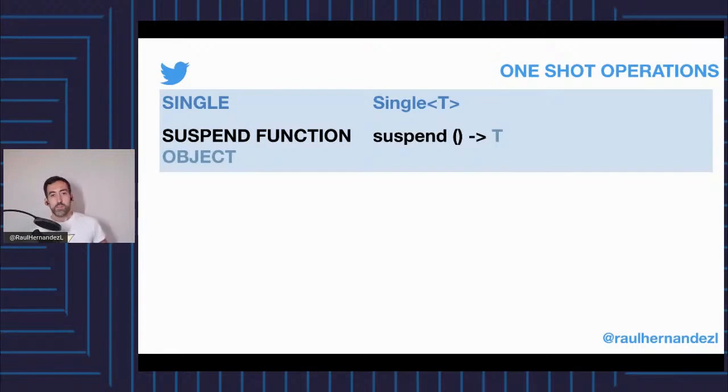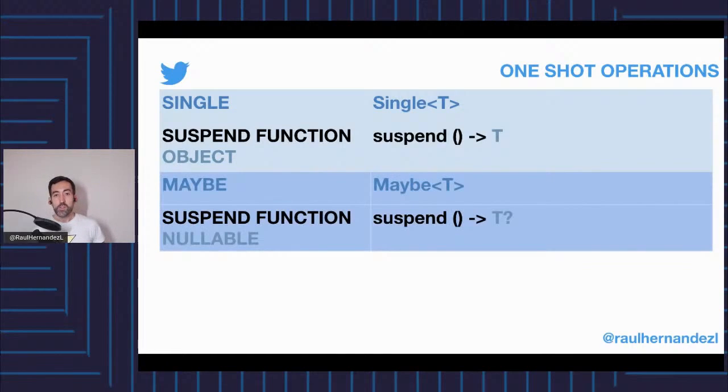If we think in coroutines, for RxJava, for instance, we used Single, which uses a non-nullable value, and the correspondence to that is a suspend function returning an object. But if we need something that is nullable, then we'll use Maybe in RxJava. Comparing that, in coroutines, we use a suspend function with a nullable value.